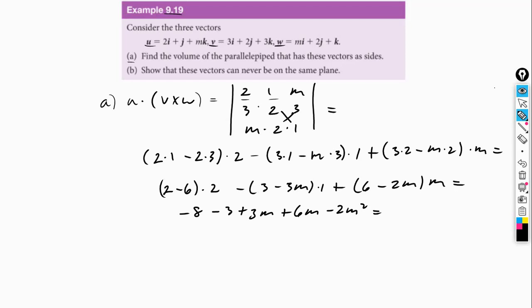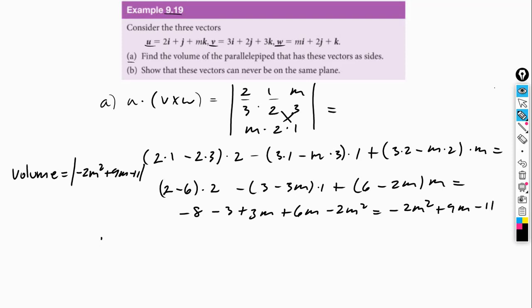And then if we add similar terms and we reorganize this, we're going to get minus 2m squared plus 9m minus 11. But the volume is going to be the absolute value of this, right? So the volume is going to be the absolute value of minus 2m squared plus 9m minus 11.